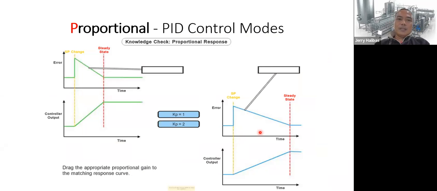Mag-knowledge check daw ta siya. Kung sa may ibutang na ko KP is equal to 1 or KP is equal to 2? Dire. How about this one? So, compare na tong duha. Natay na notice. In terms of lines and triangle, same na siguro siya, no? Pero na siya difference. Ang tawagan na is the response time. Ang response time nila, dako kay difference.